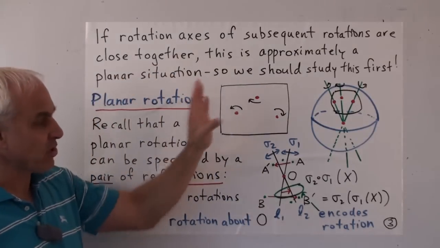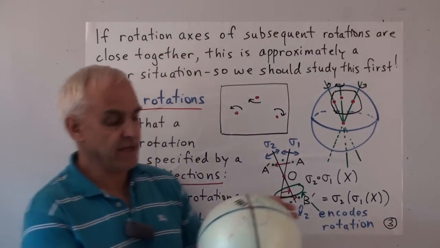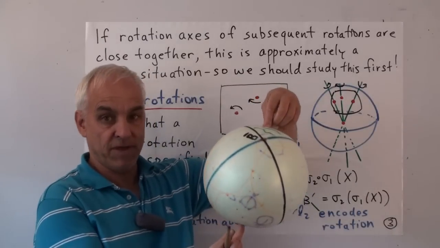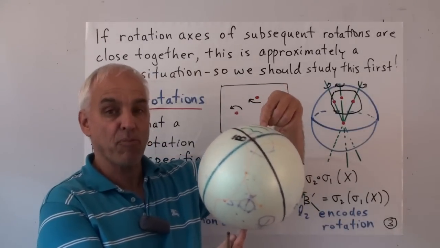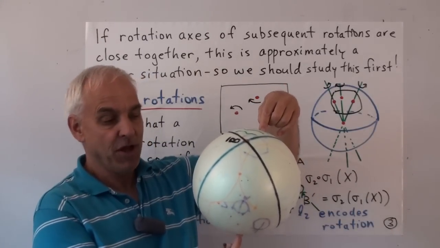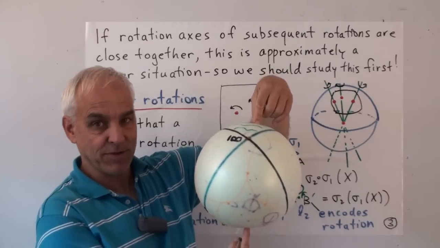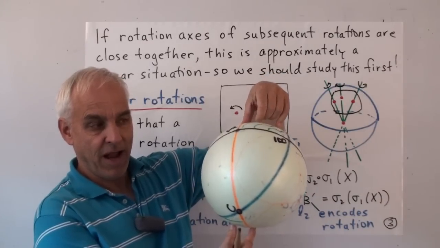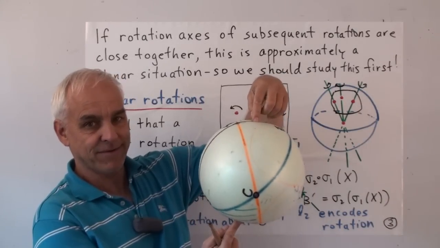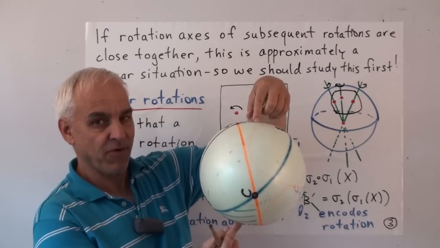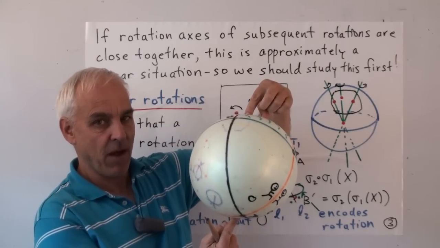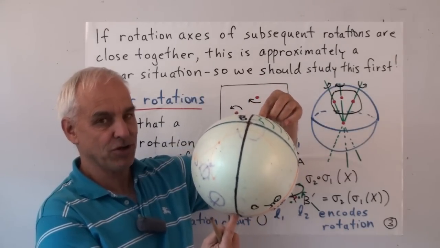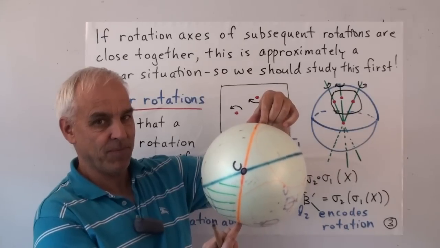Now there's a special case of this, when the axes of the subsequent rotations are pretty close together. So for example, suppose that one axis was like this and we had some rotation, and then another axis just a little bit moved from the first one, and then another rotation about that one, and then maybe a third axis also again close to the original ones.